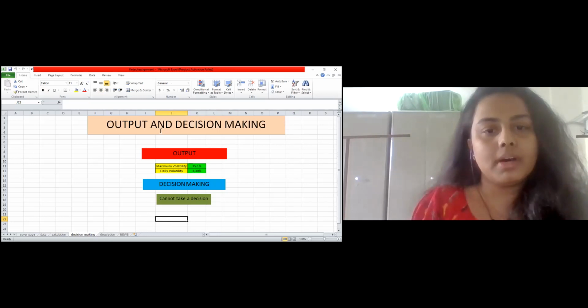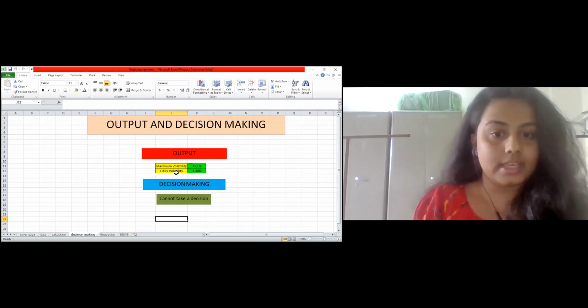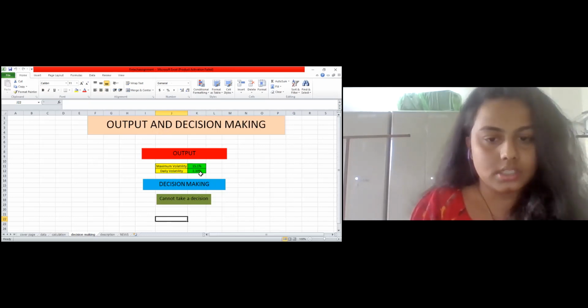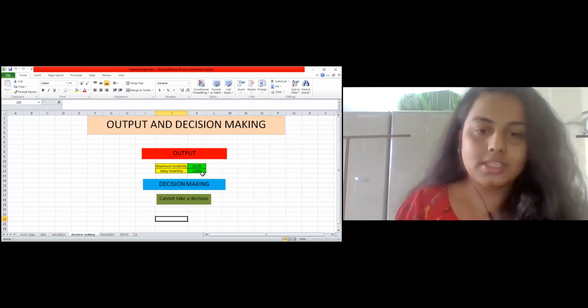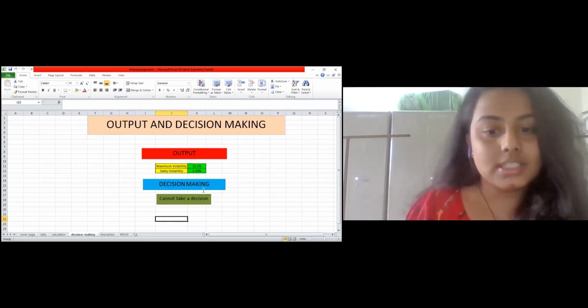As per my data, the output and decision making: the maximum volatility is 15.1. So as per the data, that is the maximum volatility. When talking about the daily volatility, as shown in the template, it is 3.30. From this, we can say that a decision cannot be made.